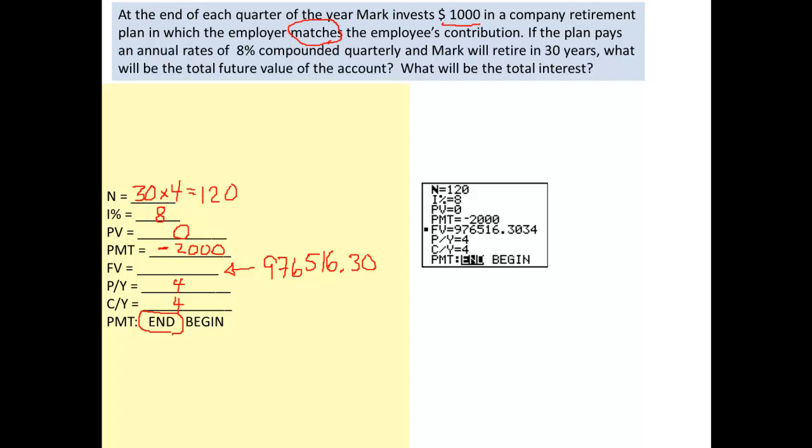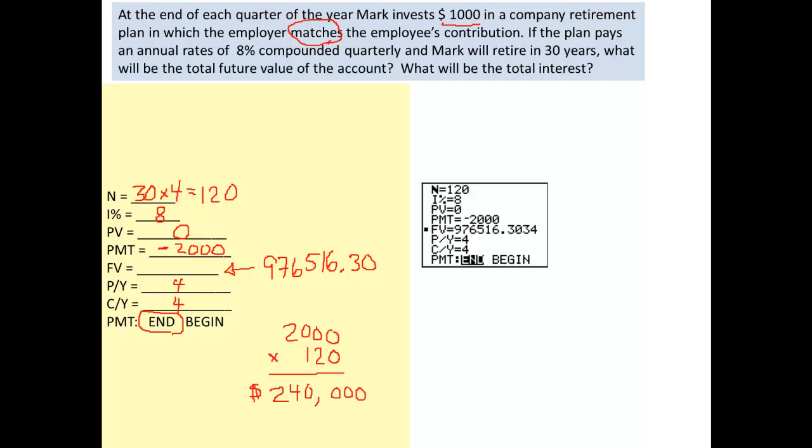Not too bad, especially if you think about how much was actually deposited. So if we deposit $2,000 every month, I'm sorry, not every month, every quarter, and we do that for 30 years, so we make 120 deposits of $2,000. That means the total amount deposited was only $240,000.